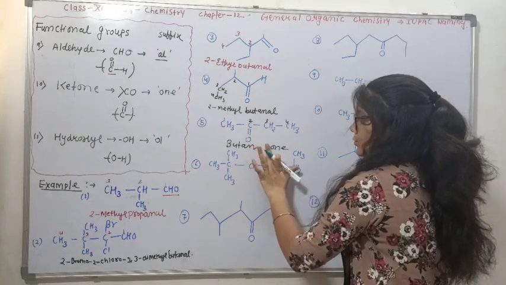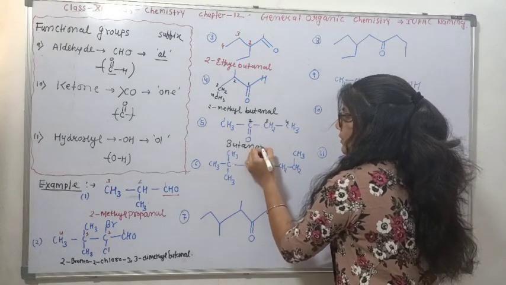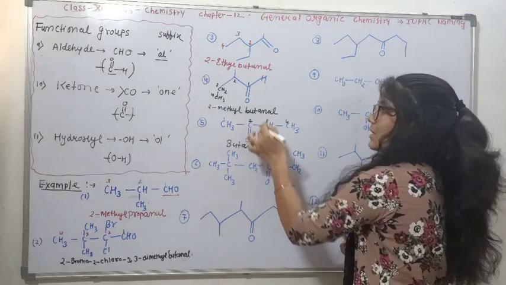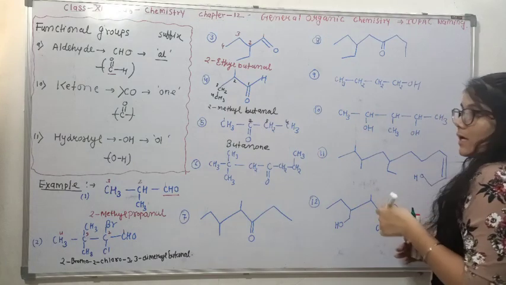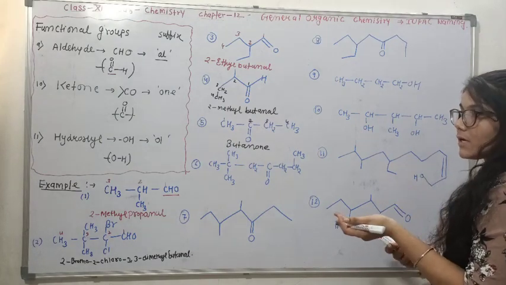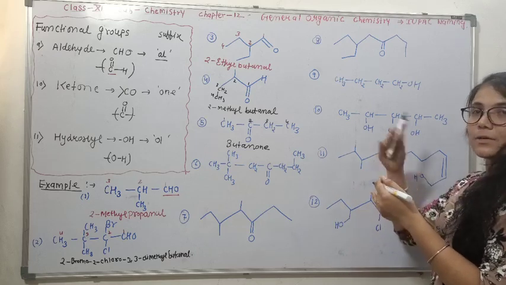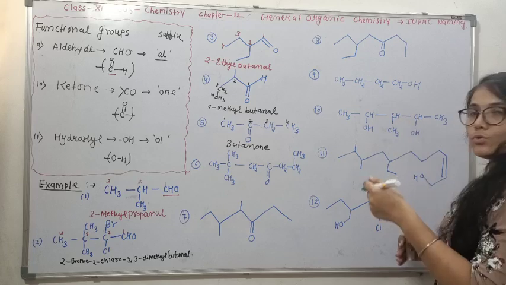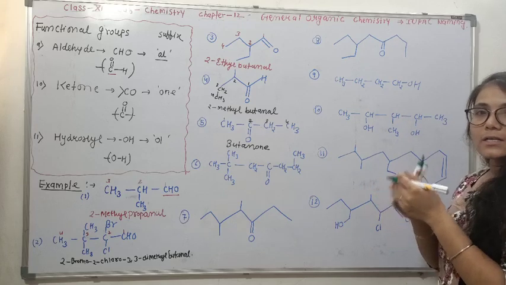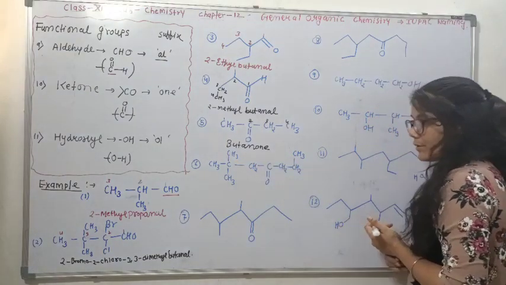So for carbon 2 we can also write butanone. Why? Because a ketone can never be on carbon 1, it is always on carbon 2 or beyond. So carbon 2 will be the understood position, and we can name this butanone.